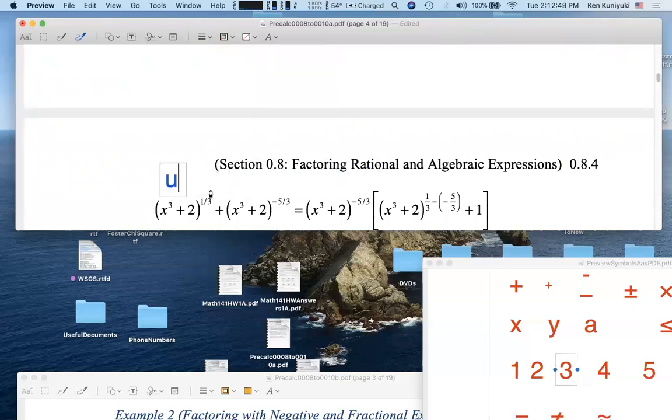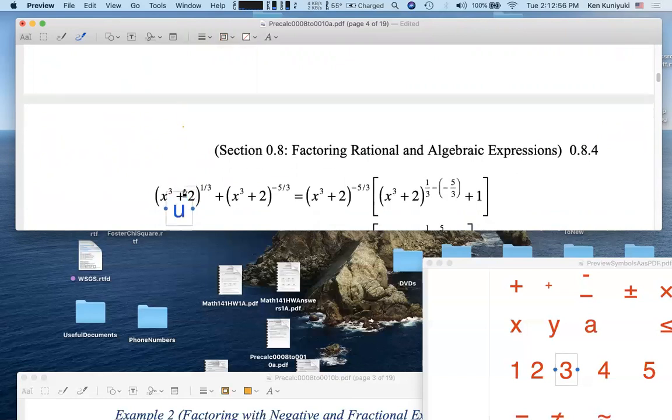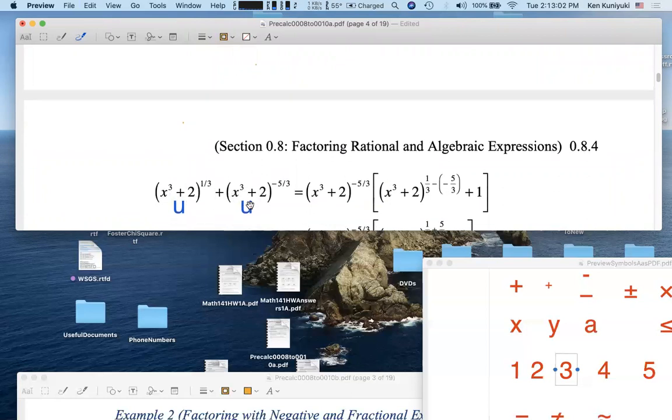So it's going to be u to the 1/3 plus u to the negative 5/3. All right. Now, which do we factor out? We factor out u to the negative 5/3, the least exponent. So when we do that, we're going to get u to the negative 5/3.